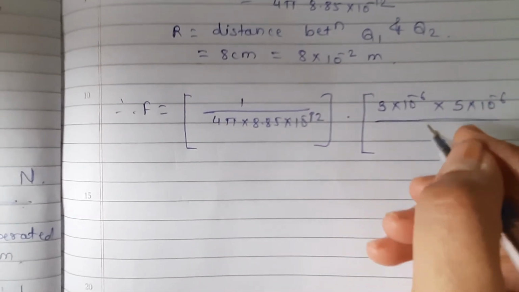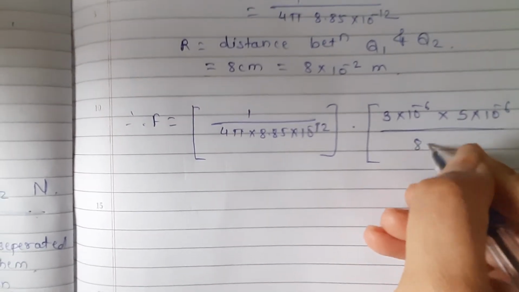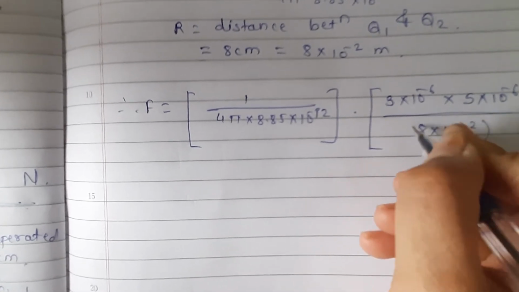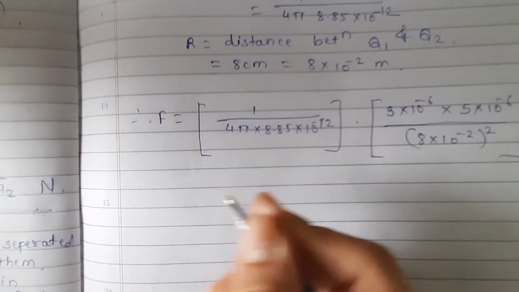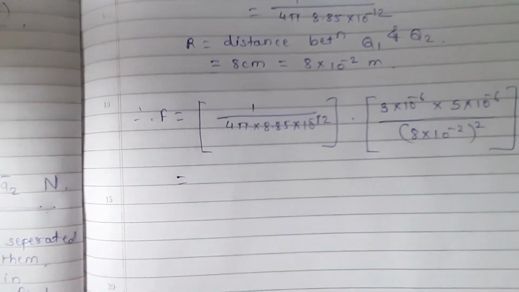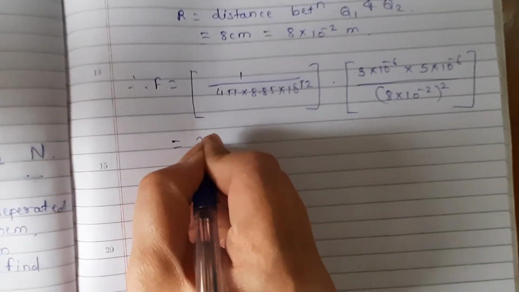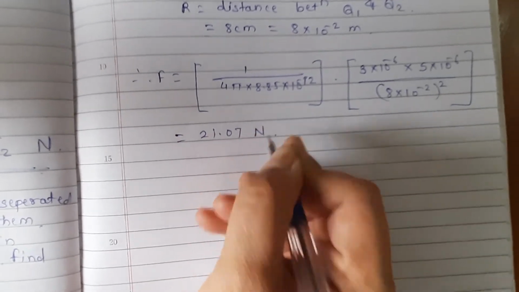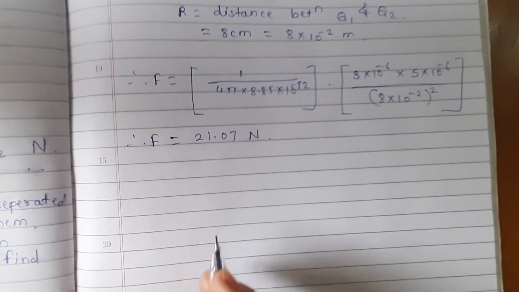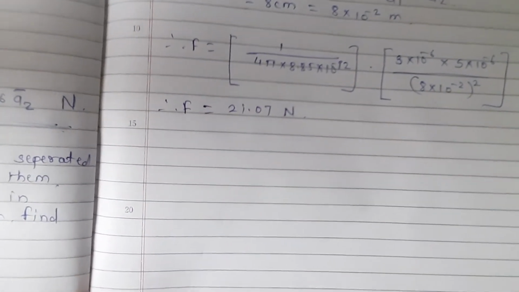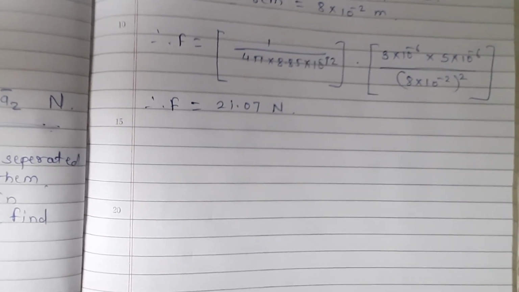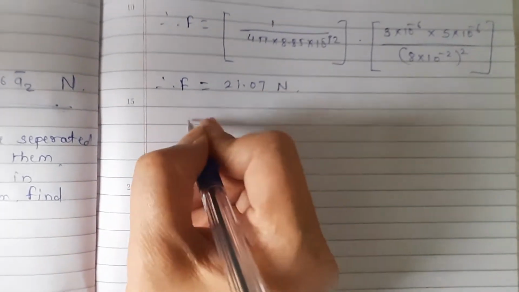The value of R is 8 into 10 raised to minus 2, squared. So we solve it on the calculator. So the answer is 21.07 Newton. This is the force between the charges Q1 and Q2, which are separated by 8 centimeter.